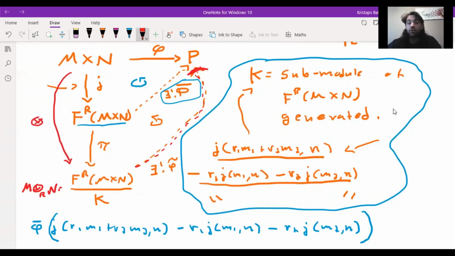The rest of it is a matter of simply composing these definitions together. I'll leave the double checking that phi tilde is R-linear. Actually, we do know it is R-linear by the universal property of quotients.